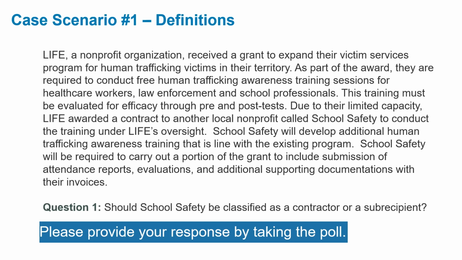Due to their limited capacity, Life awarded a contract to another local nonprofit called School Safety to conduct the training under Life's oversight. School Safety will develop additional human trafficking awareness training that is in line with the existing program. School Safety will be required to carry out a portion of the grant to include submission of attendance reports, evaluations, and additional supporting documentation with their invoices. Now here's the question. Should School Safety be classified as a contractor or subrecipient?